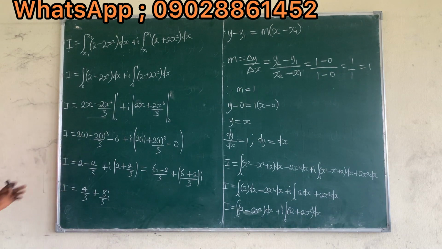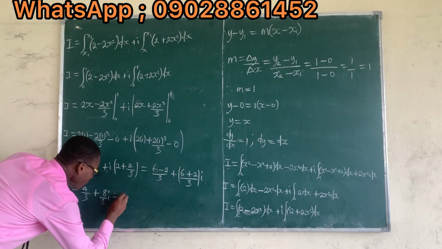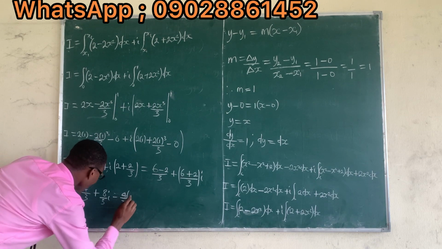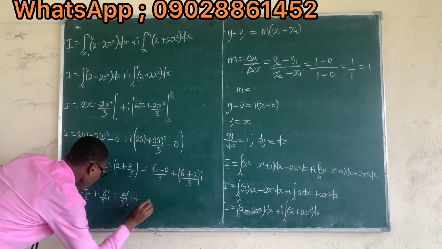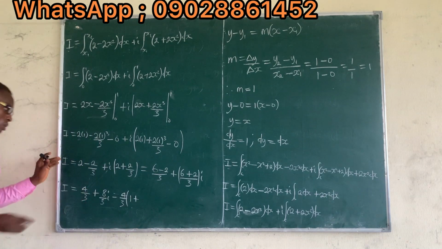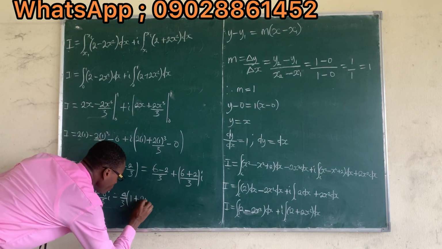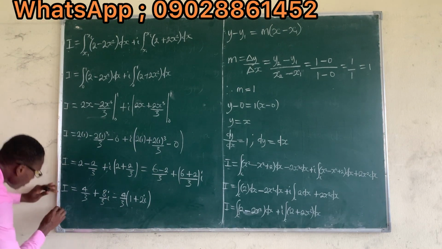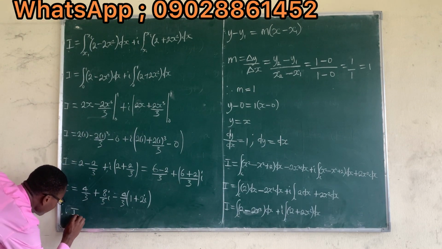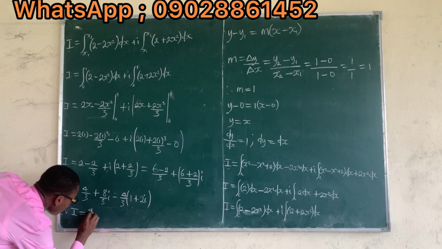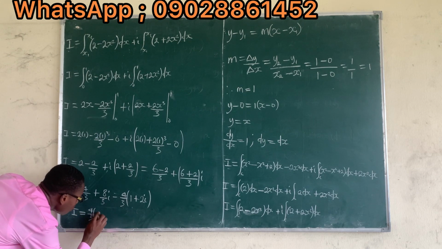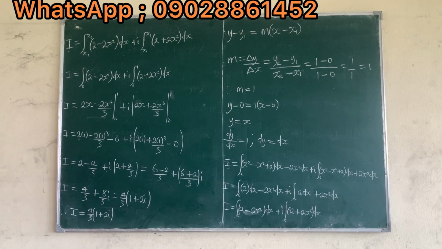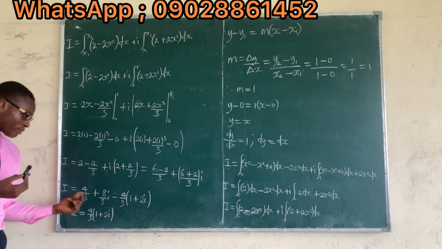We can factor out 4 over 3, so we have 4 over 3 times (1 plus 2i). Therefore, I is equal to 4 over 3 times (1 plus 2i). This is the answer to that very question.